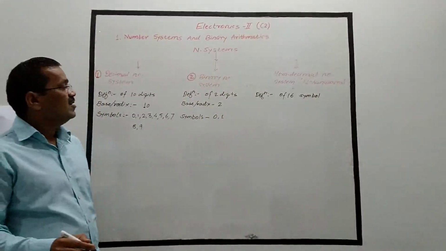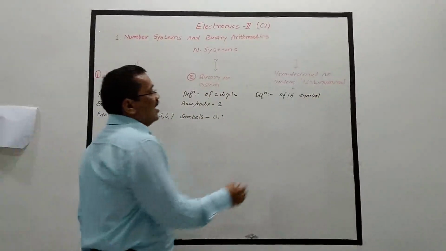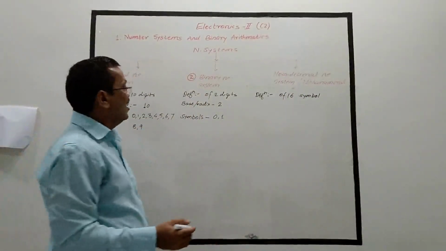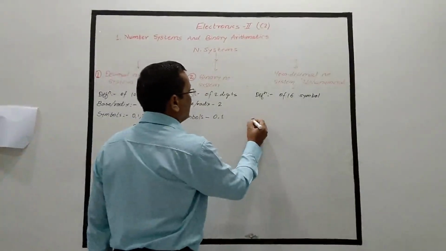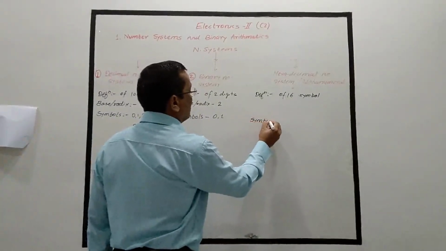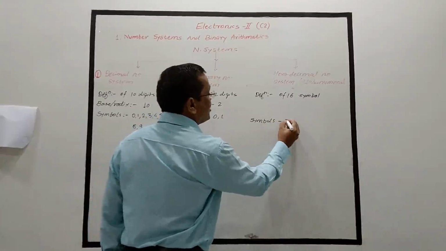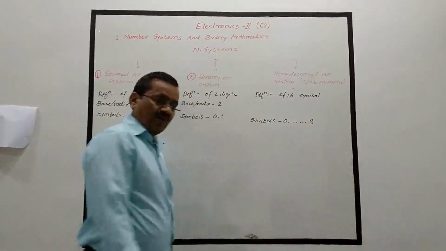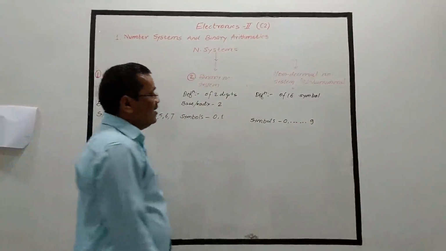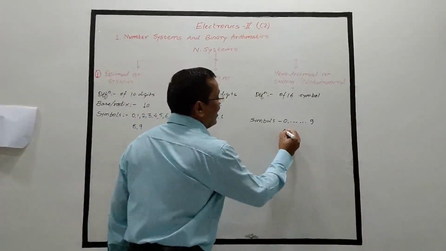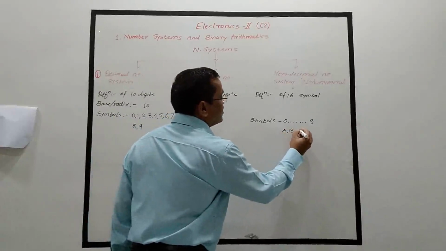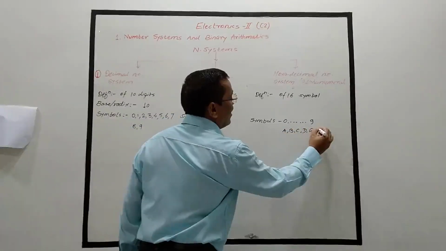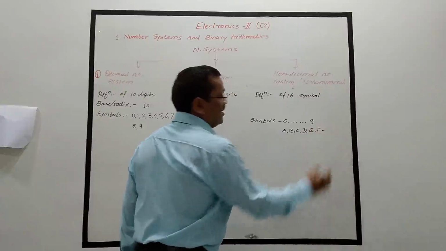Out of these 16 symbols, 0 to 9 are the numerals, and A, B, C, D, E and F are the alphabets.